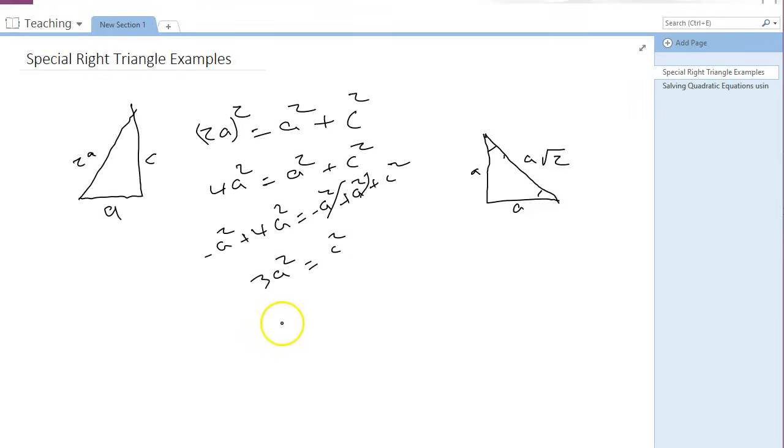So taking the square root of both sides, square root of 3 times square root of A squared equals square root of C squared.